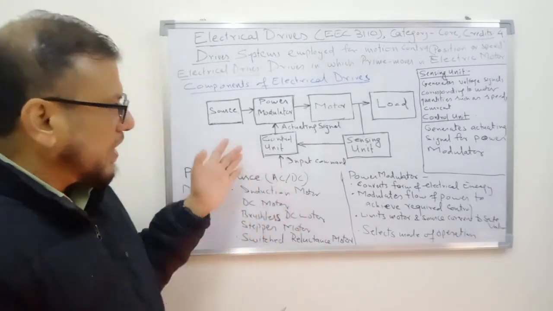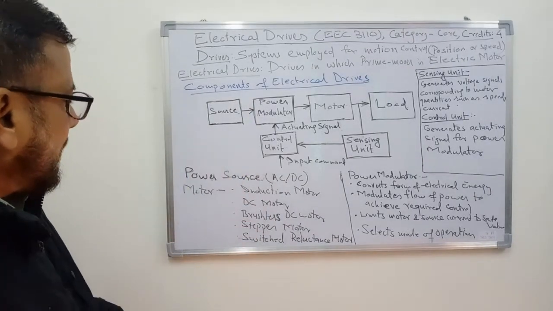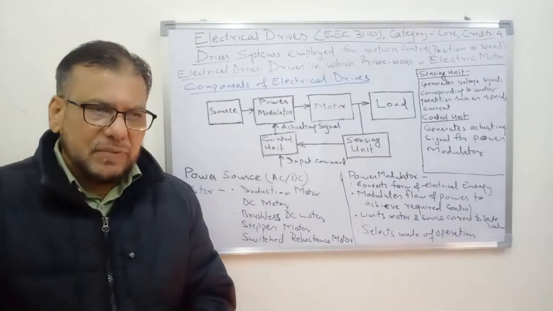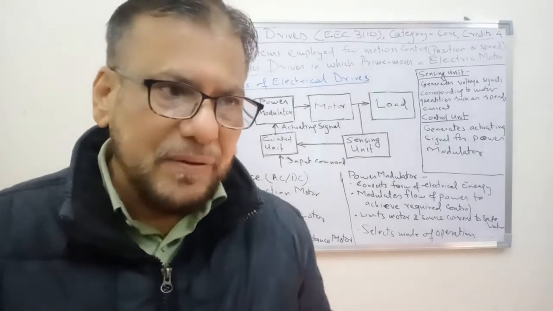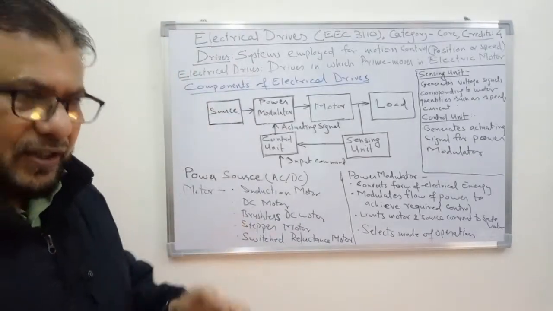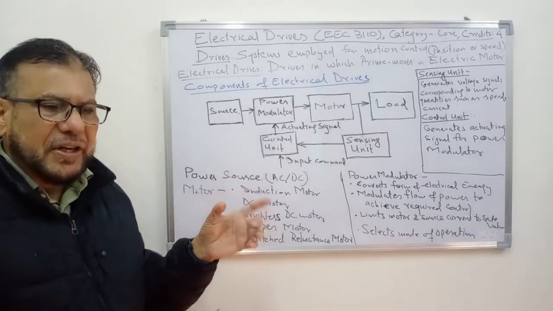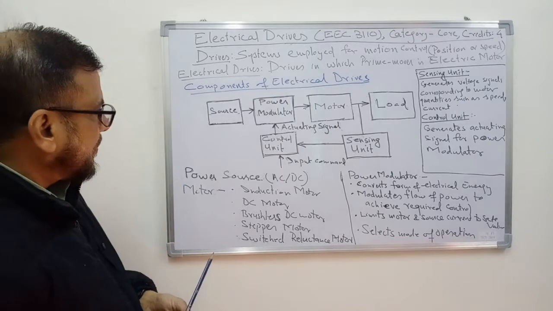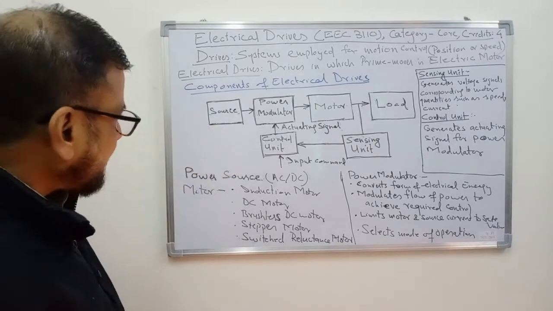So the voltage will vary depending on the size of the drive. You may also get supply from some other energy source. For example, you may have solar photovoltaic panel or some fuel cell. It generates power in DC mode, so that will be DC source. So this is about the source.